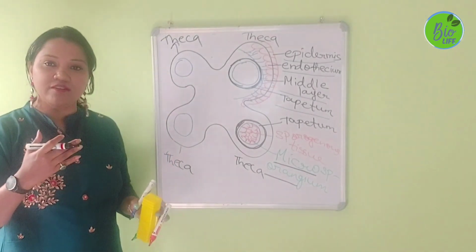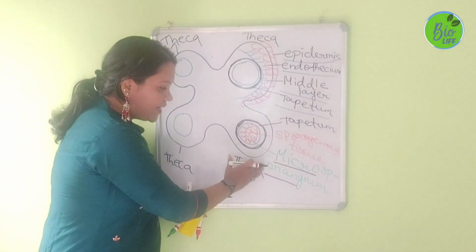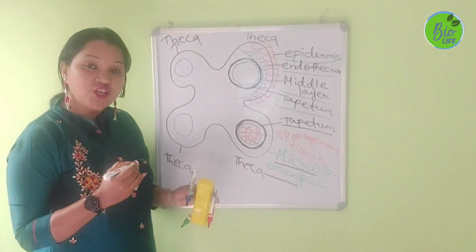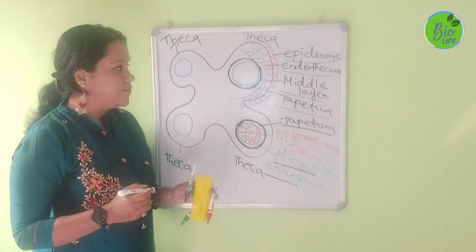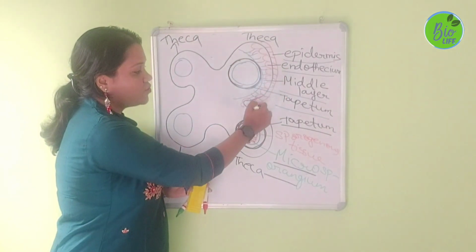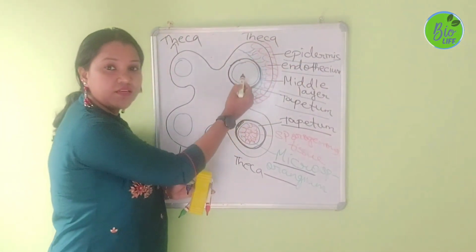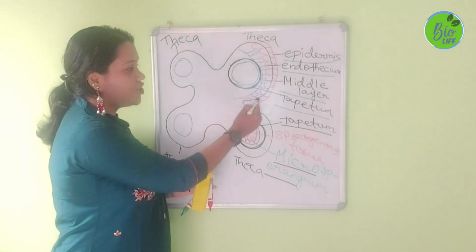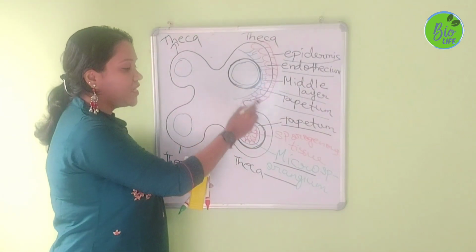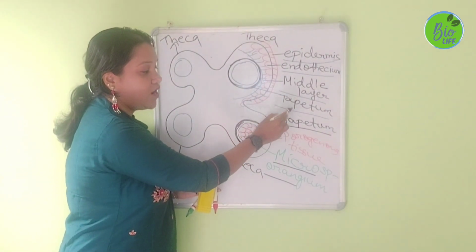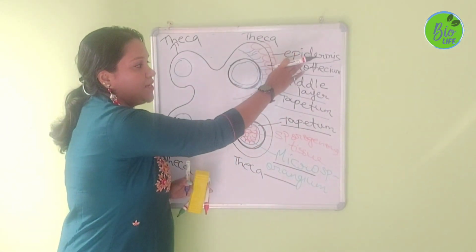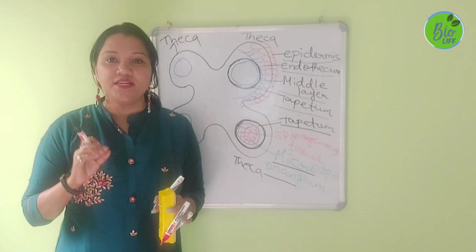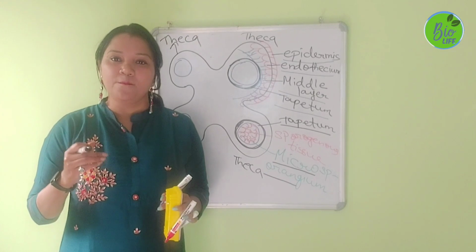The immediate layer of that microsporangium is called tapetum, and its function is to provide nourishment. The outer layer is epidermis, next to it is endothecium, next is the middle layer, and the immediate layer is tapetum. The outer 3 layers, epidermis, endothecium and middle layer, provide protection and help in dehiscence of anther to release pollen grains.